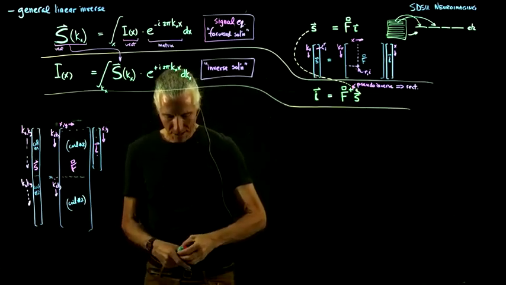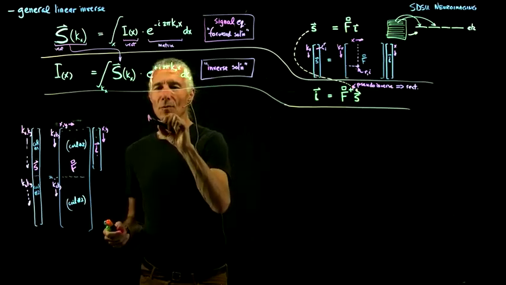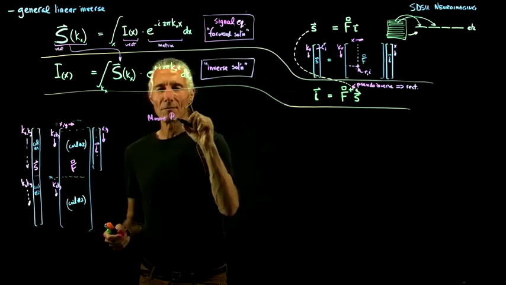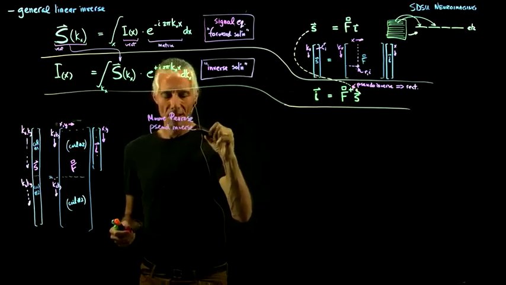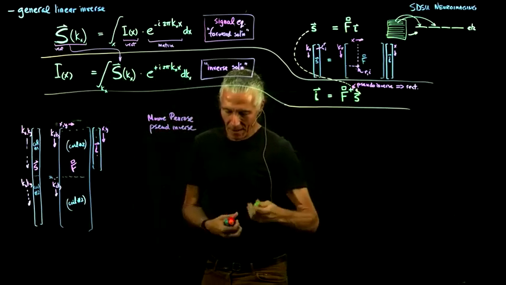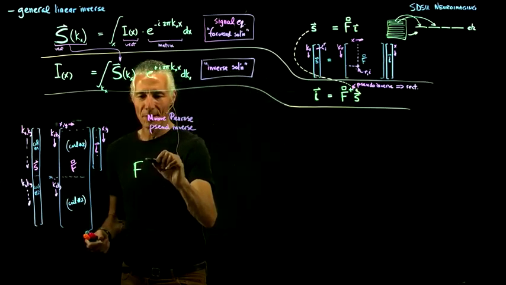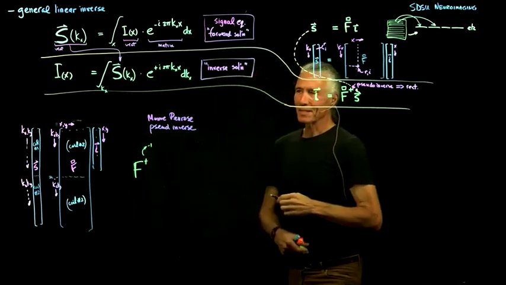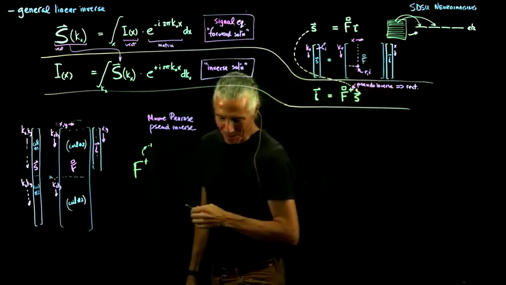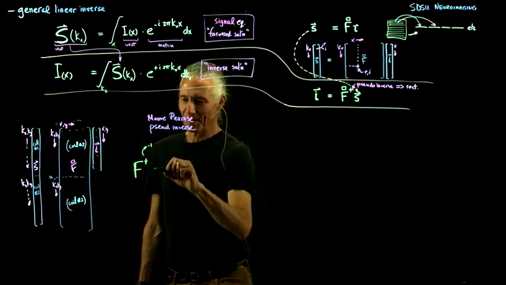It's called the Moore-Penrose pseudo inverse, and that's the plus. So F plus, meaning like inverse, but it's kind of a slightly messed up inverse, so it's a plus. Sometimes they use different symbols for it.